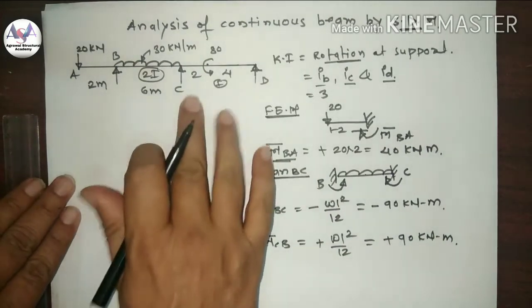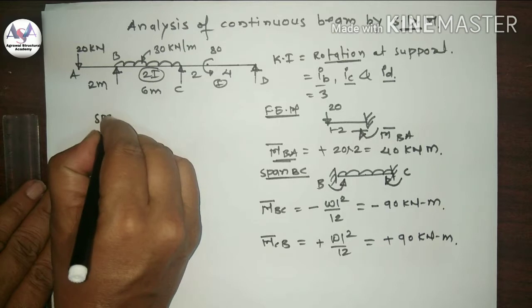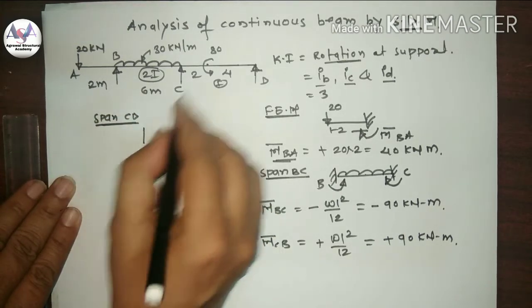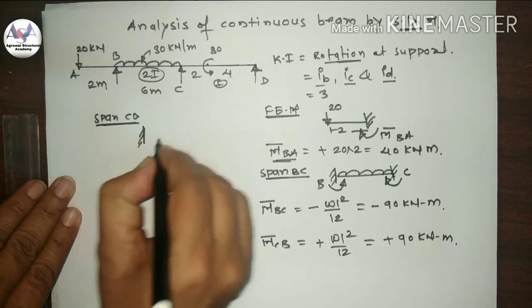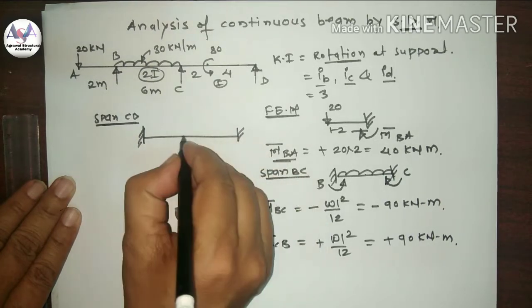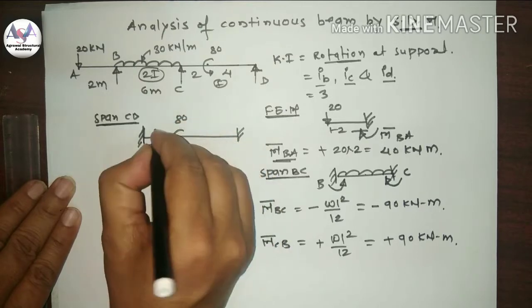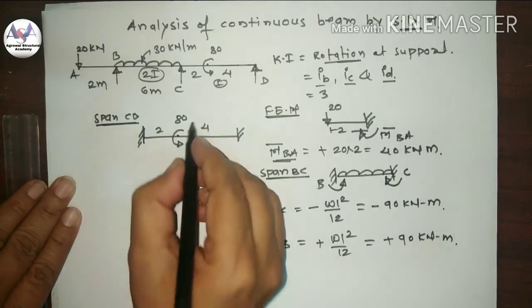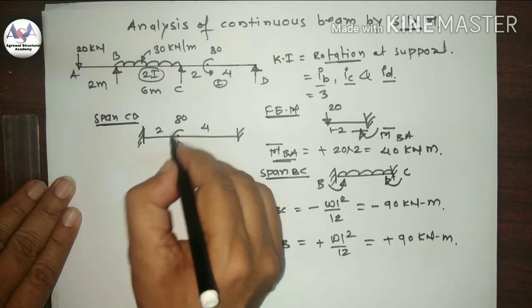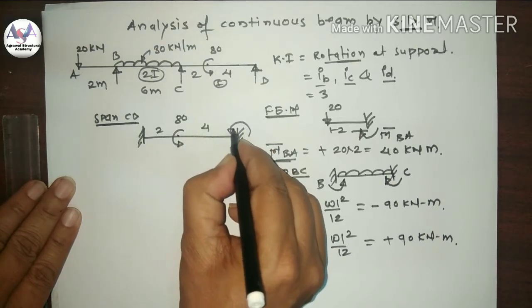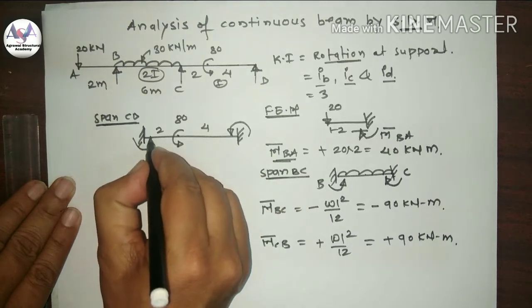Then the last span, this is an important one, span CD. Now clamp both the ends. This is 80, this is 2 and this is 4. We know if the moment is anti-clockwise, it always produces an anti-clockwise fixed moment on both the ends.